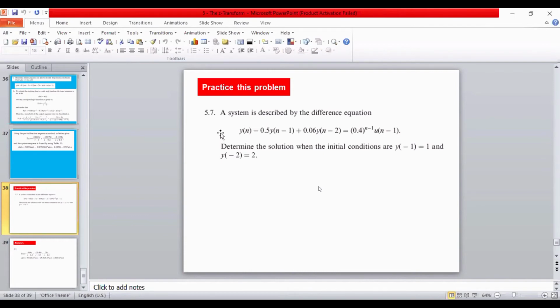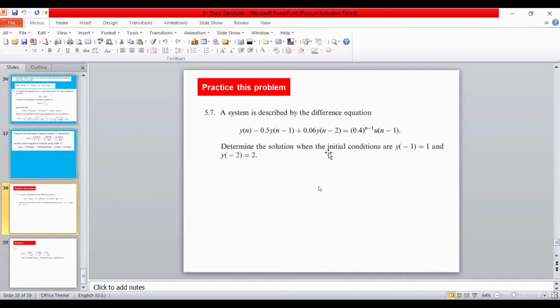So this looks like a difference equation. Imagine you need to solve it, meaning you write what y is as a function of n. And you need initial conditions, otherwise you will not be able to get the solution.